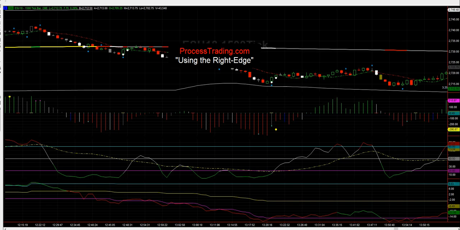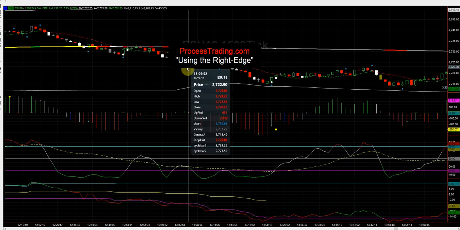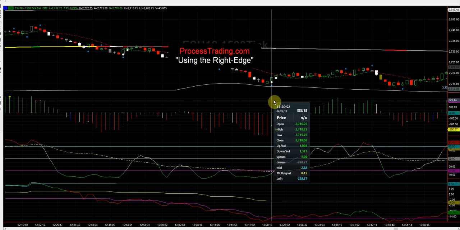And here is your first opportunity to do the trend trade according to the right edge system and the trade management rules. You get in there, and again, you're getting in at 25.50, which would take you right there. And if you took it down to here, the low of that is 15.75.